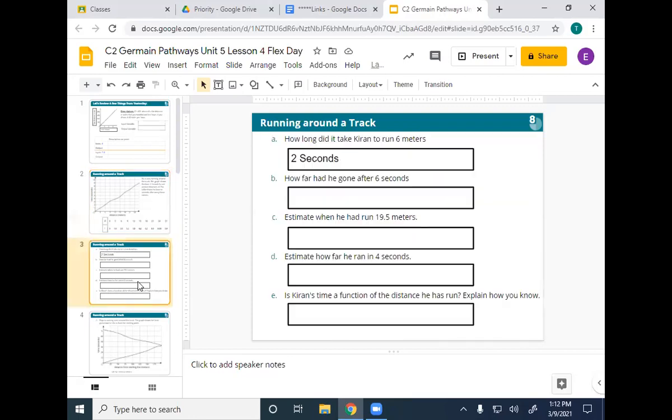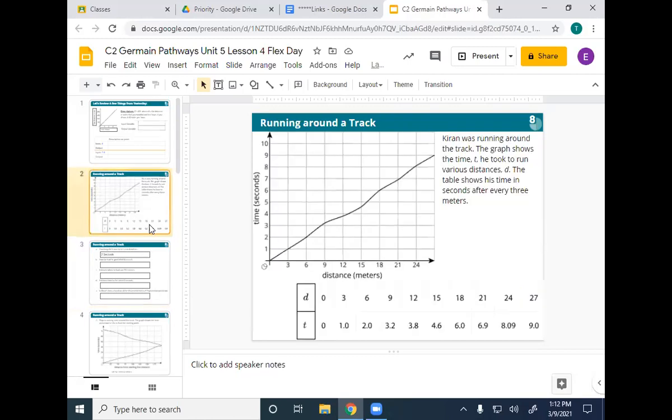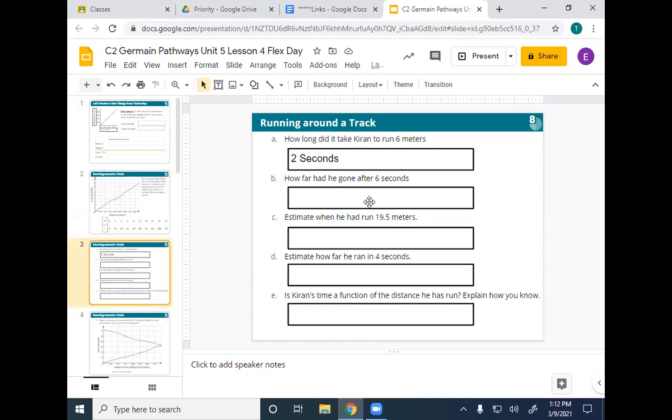Perfect. Now let's look at the second question here. How far had he gone after 6 seconds? Carter, first of all, which did you use to help you here? I used the bottom one. The table, okay, perfect. And then what did you get for an answer? I had 6 seconds as my time. So I went up to 6 seconds and 18 was the distance.